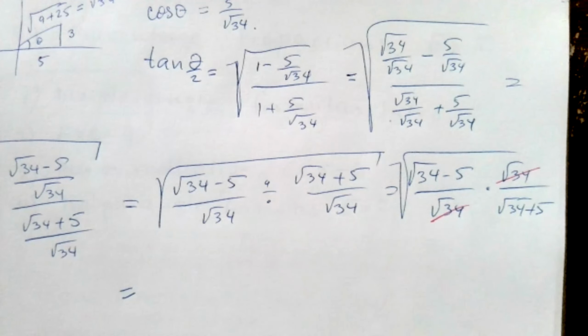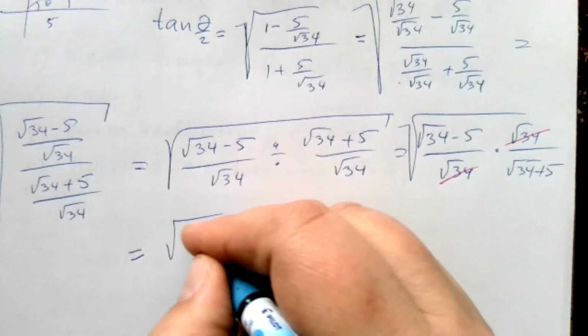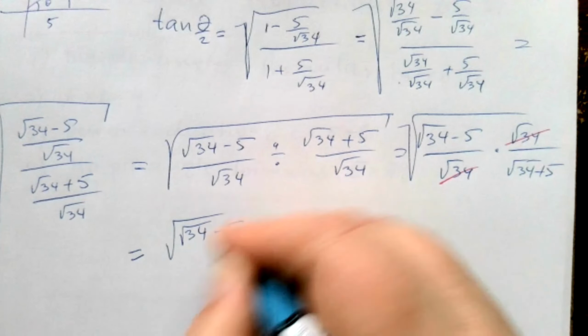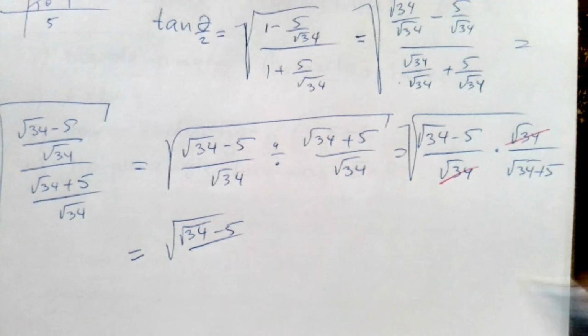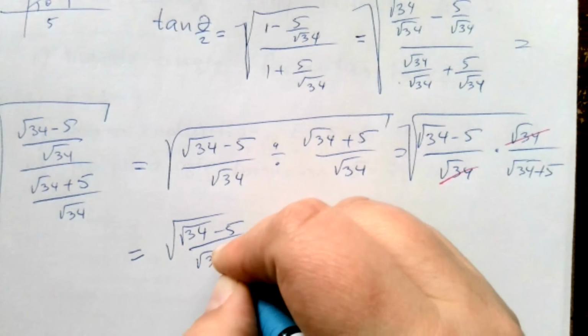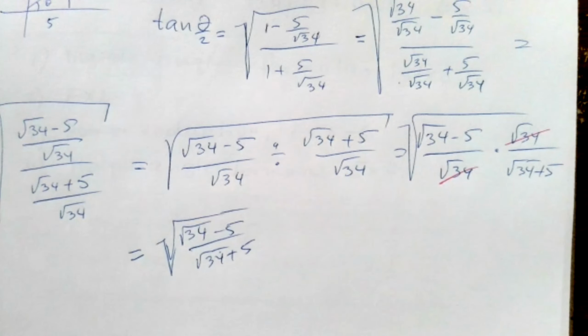All right, so what's next? Well, we have a root of 34 minus 5 divided by root of 34 plus 5 and everything under the root.